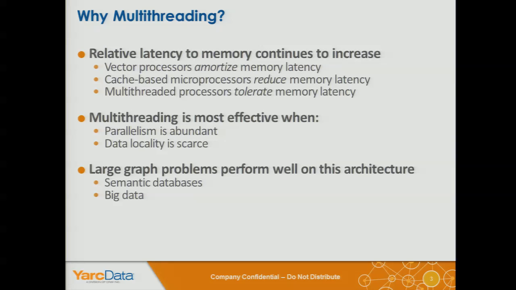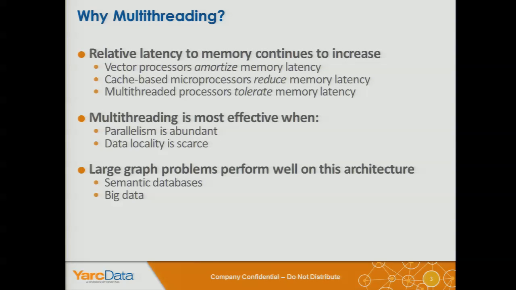The XMT clock speed is 500 megahertz, and a Xeon or whatever might be 3 gigahertz. However, the multi-threaded model works very, very well where caches do not, or vectors do not.